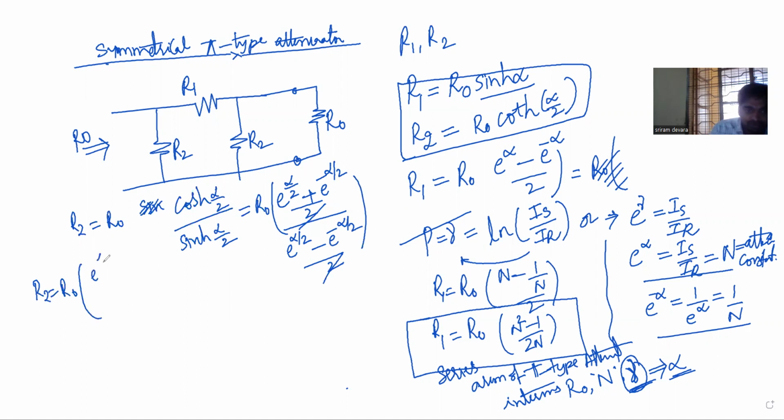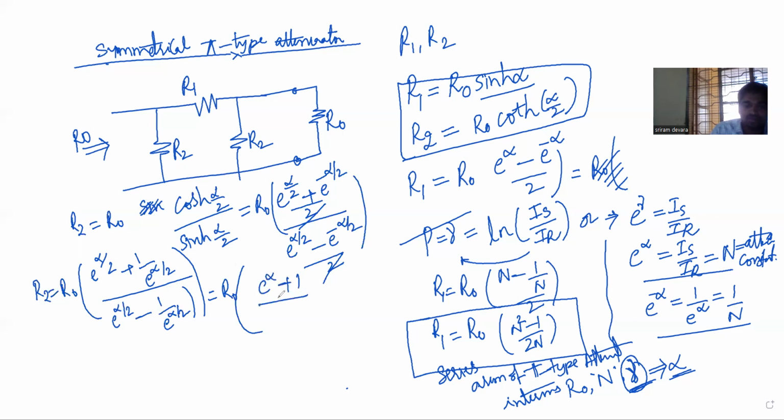So R2 is equal to R0 into (e power alpha by 2 plus 1 by e power alpha by 2) divided by (e power alpha by 2 minus 1 by e power alpha by 2). If I take the LCM, this becomes (e power alpha plus 1) divided by e power alpha by 2, and the whole divided by (e power alpha minus 1) divided by e power alpha by 2.